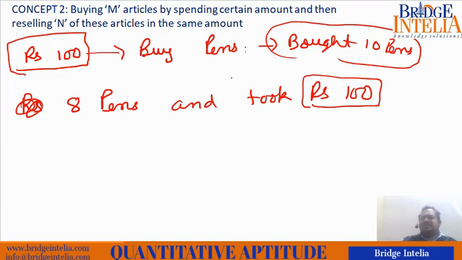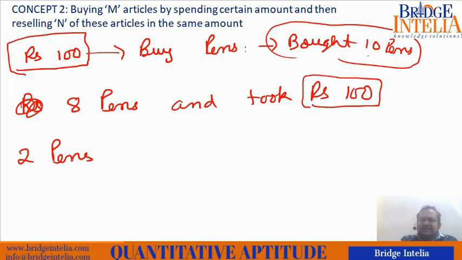Yes, I did gain. Please understand, I bought 10 pens, but I sold only 8 pens. So these 2 pens are my profit in the whole business that I did.